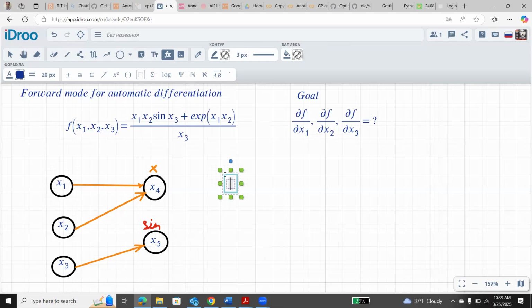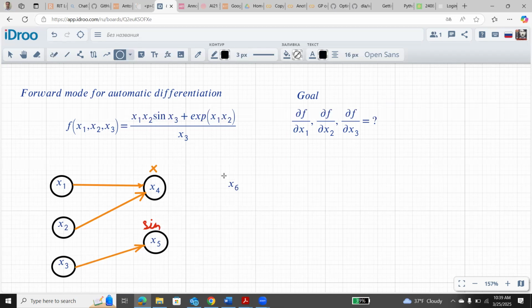Okay, first I apply exponent to x1 times x2. I just want to keep the same notation. And then I will multiply x4 and sine, and I will denote this by x7. So x6 will be the exponent of the product of x1 and x2.